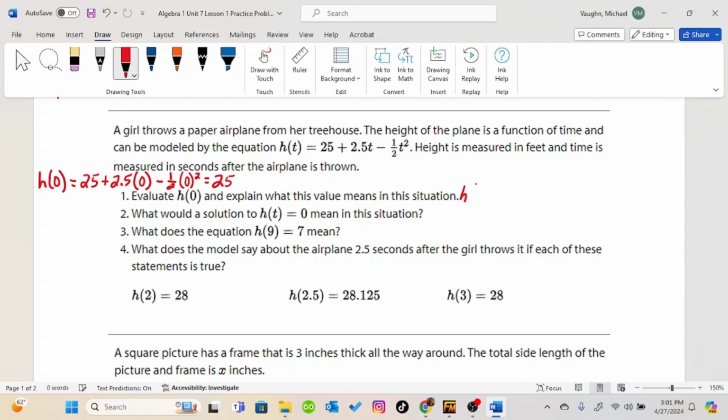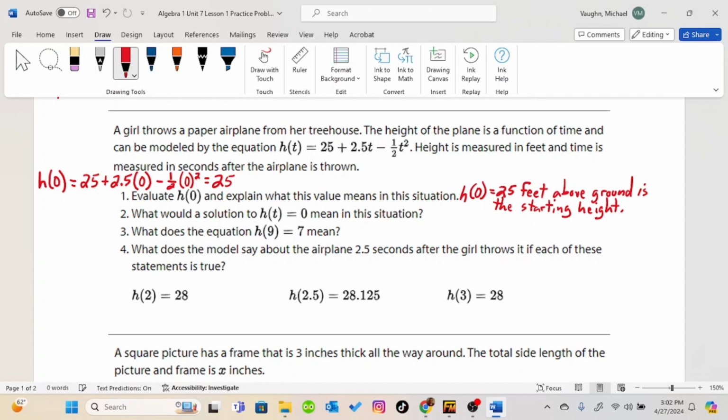So h of 0 equals 25 feet above the ground, which is the starting height.